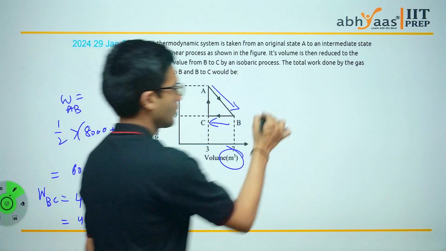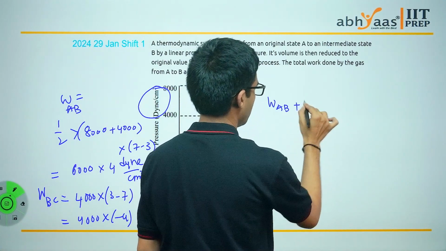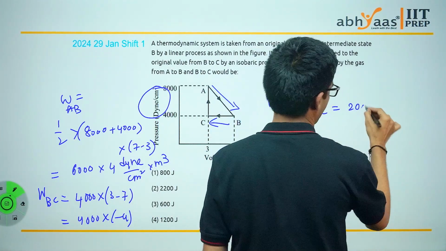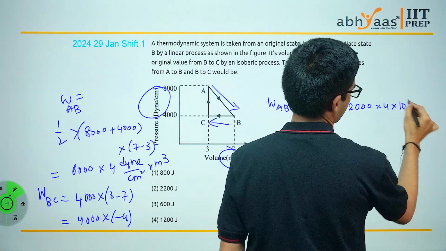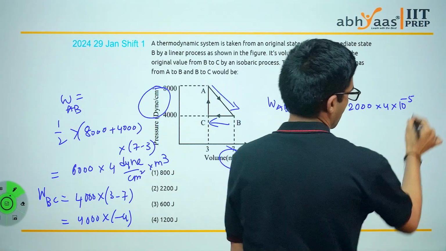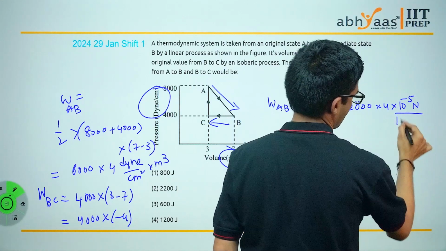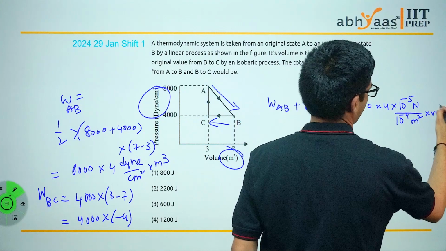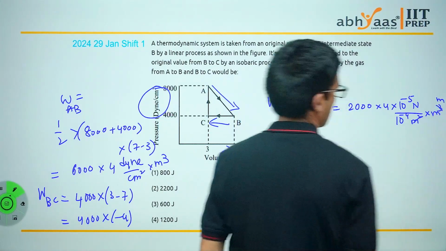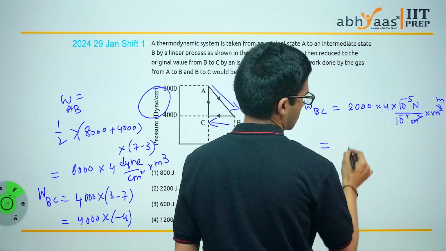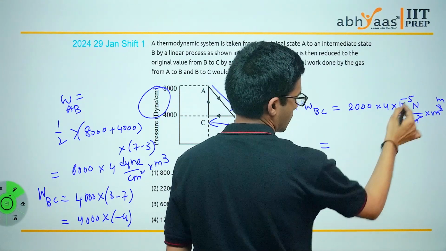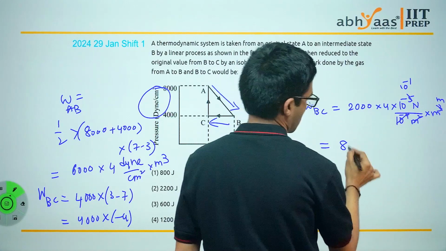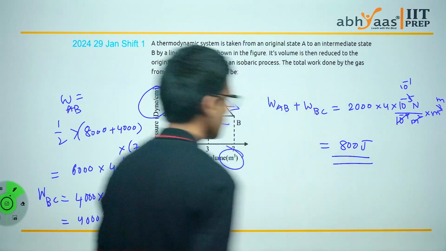If we add both, work AB plus work BC, we get 6 minus 4, that is 2,000 into 4 dyne per centimeter square. 1 dyne equal to 10^-5 newtons, and converting centimeter square into meter square gives 10^-4. The meter cancels, Newton meter is joules, and 10^-5 with 10^4 gives 10^-1. So 200 into 4, that is 800 joules. That is the answer.